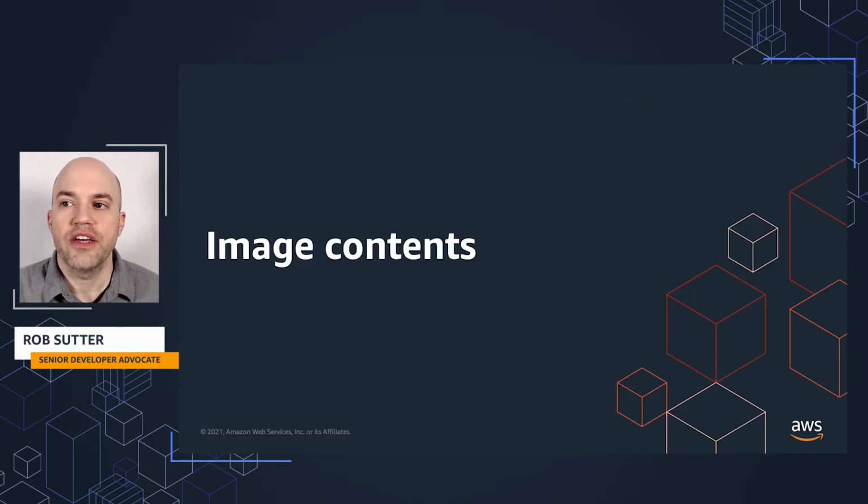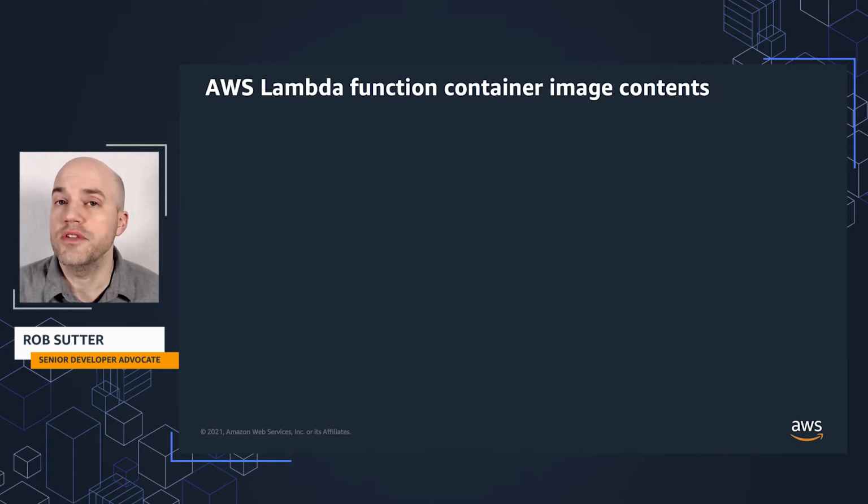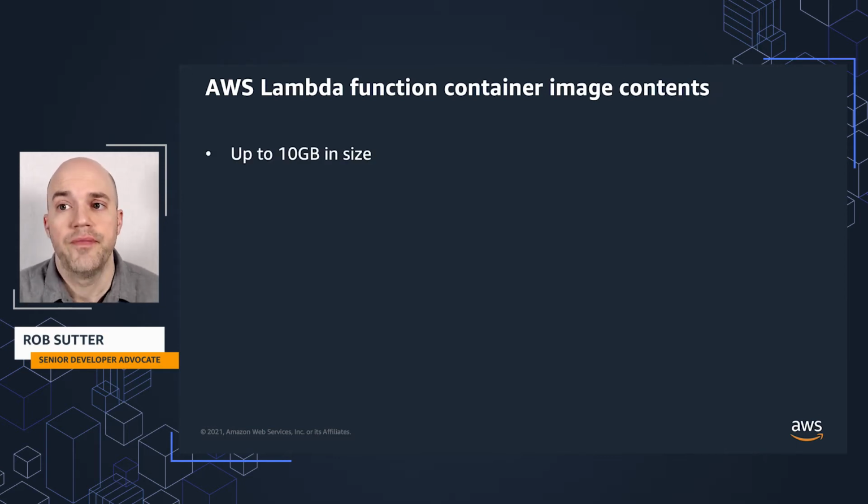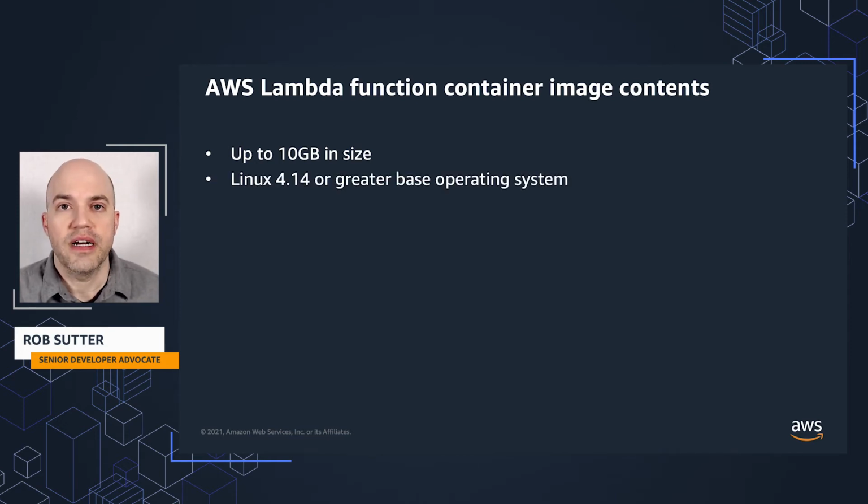So what actually goes into a container image for an AWS Lambda function packaged as a container image? Well, it's important to know that you have 10 gigabytes of space to fit whatever you need. Inside there, you must have a Linux operating system running version 4.14 or greater of the kernel. This is a Firecracker requirement. To learn more about Firecracker, please see the previous session.